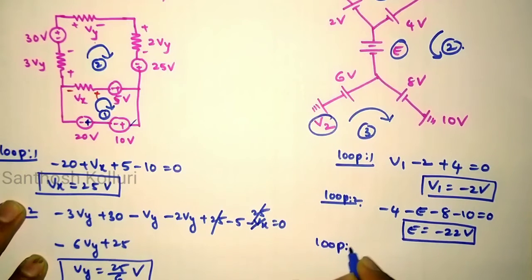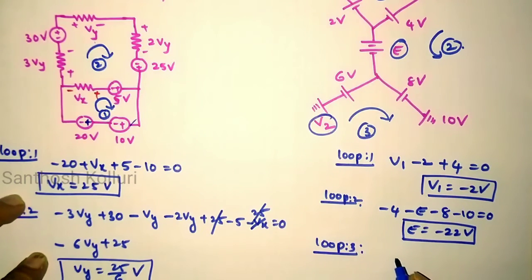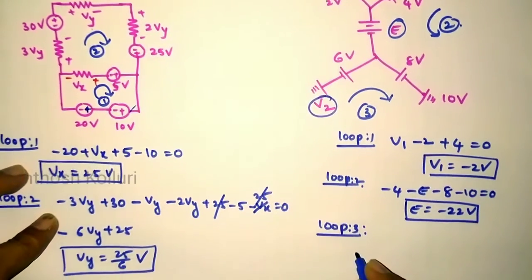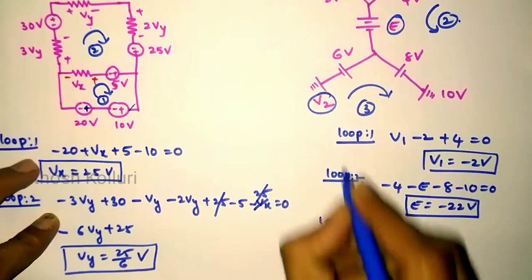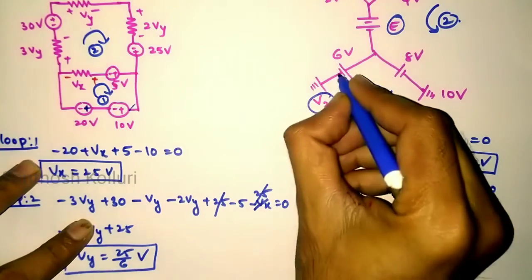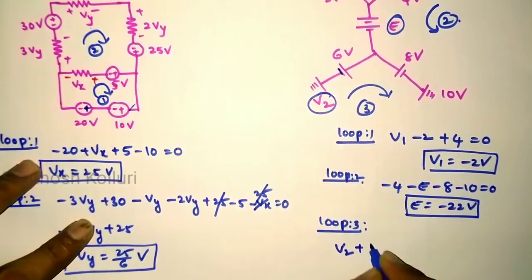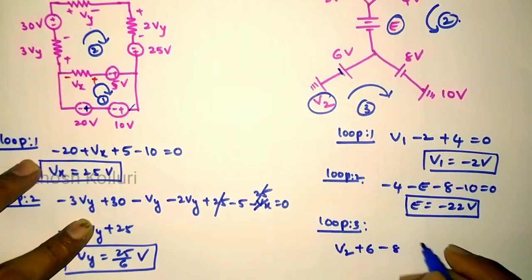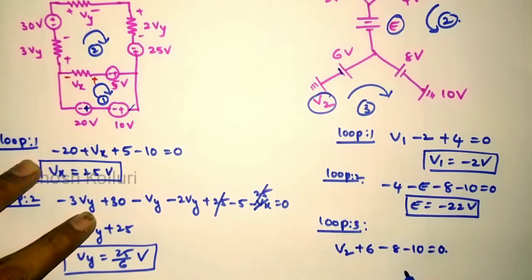Similarly loop number 3. Here V2 is there, V2 plus 6, minus 6. Minus is there, so I am writing plus 6. Plus 8 is there, minus 8. Plus 10 is there, minus 10, is equal to 0. From this V2 is equal to 12 volts.